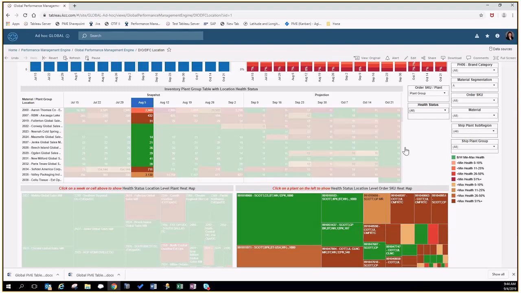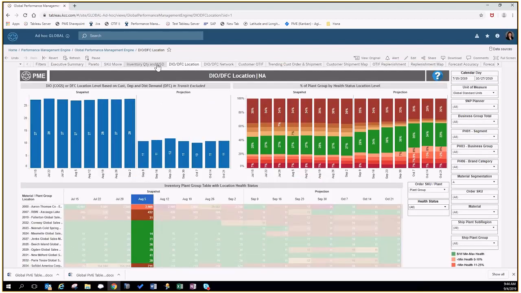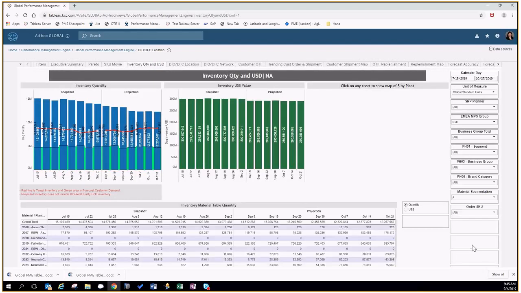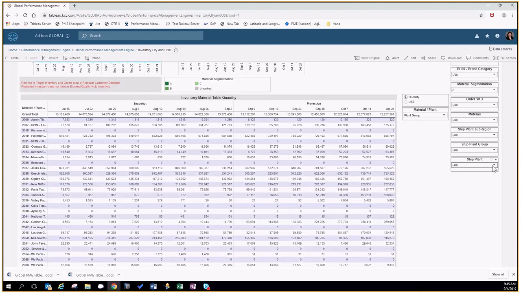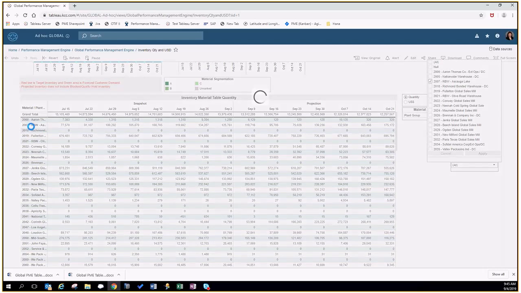So for example, here I have ship plant group, right? And now if I go to inventory quantity and I filter on 2007, now my inventory is only looking at 2007, and that's at the plant level.